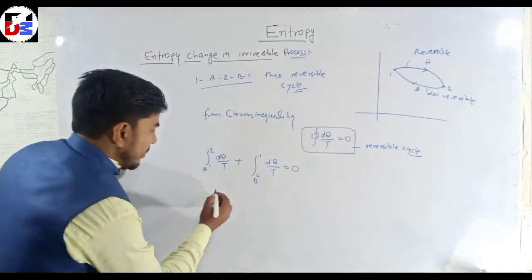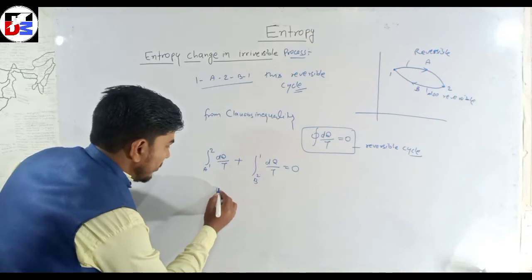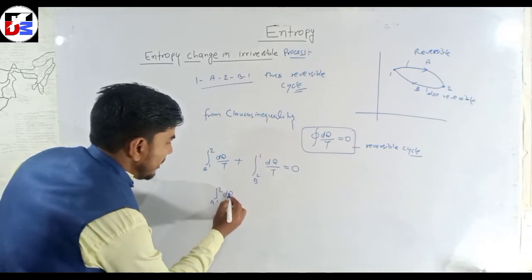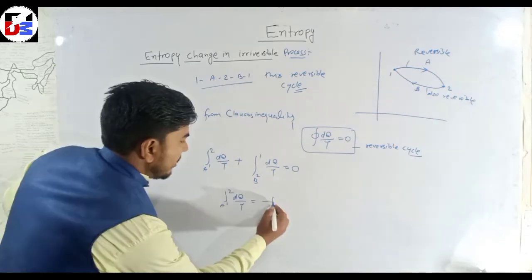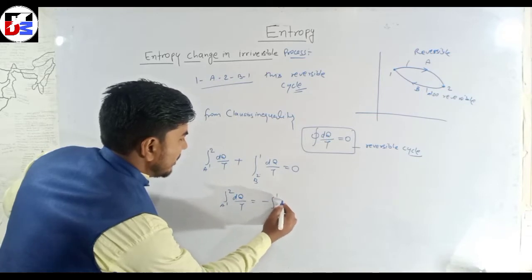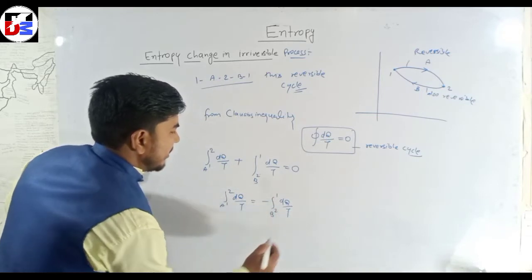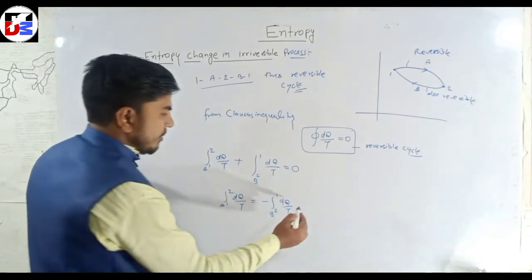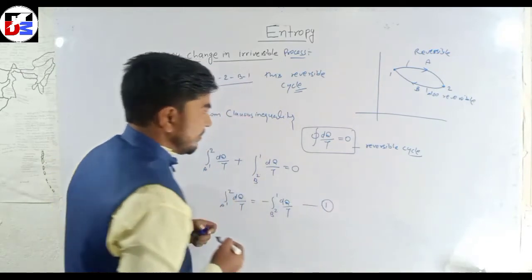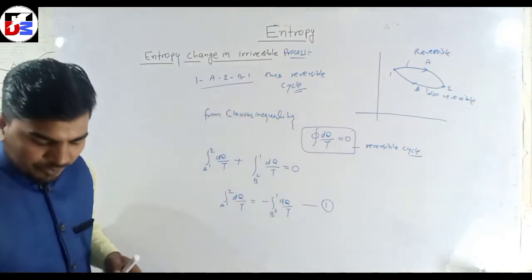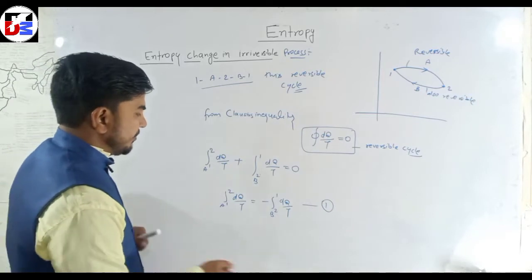Now we can also write the integral from 1 to 2 along A of dQ/T is equal to minus the integral along B from 2 to 1 of dQ/T. This is equation number 1.